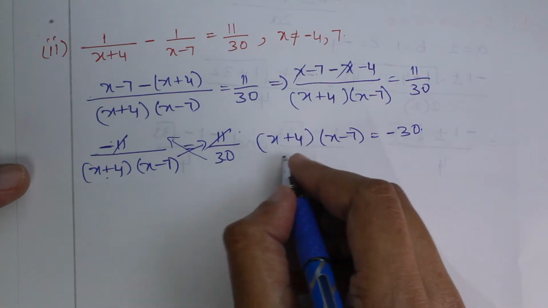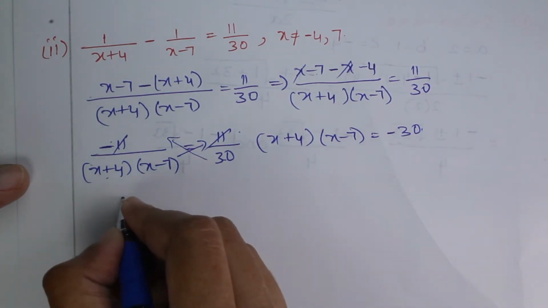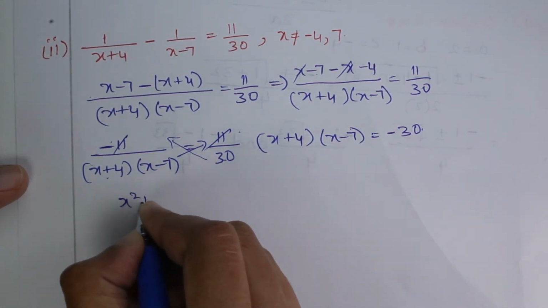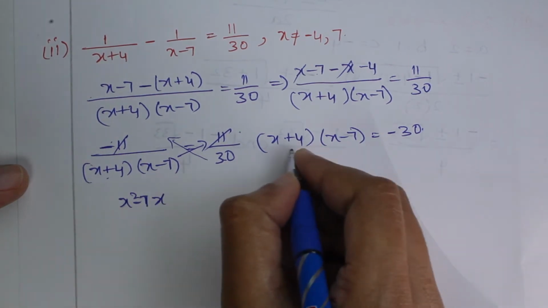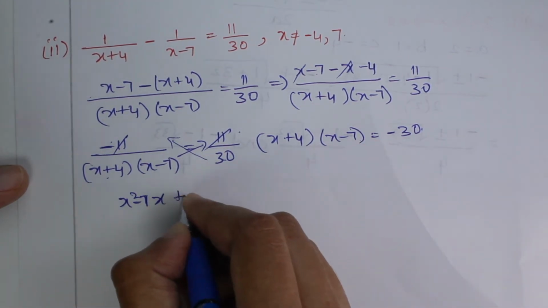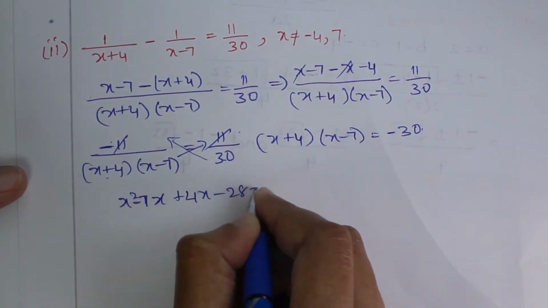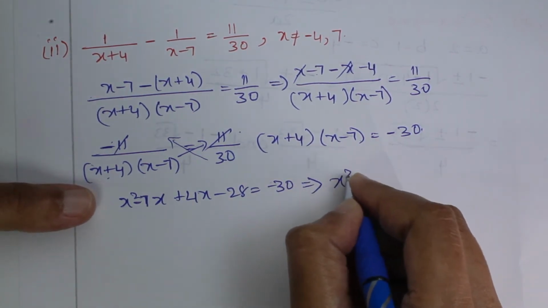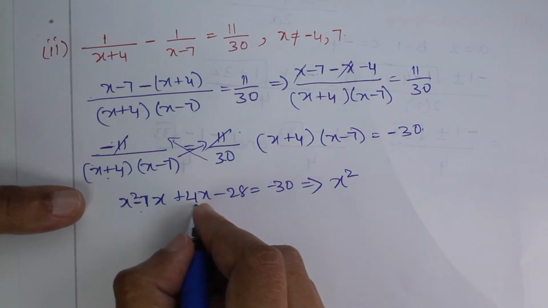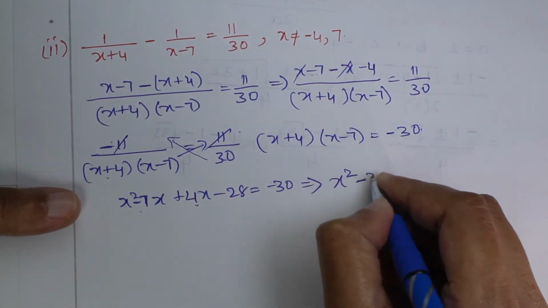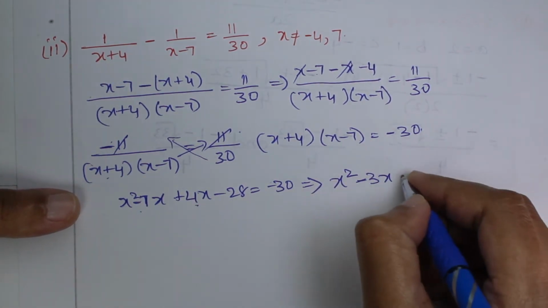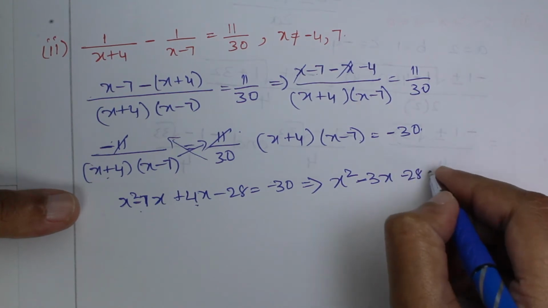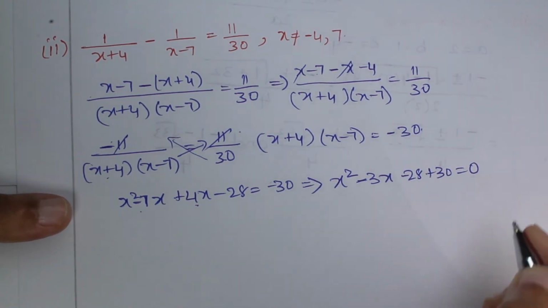Okay, now if we expand this equation, x square minus 7x plus 4x minus 28 is equal to minus 30. That implies x square minus 7x plus 4x is minus 3x, minus 28 plus 30 is equal to 0.